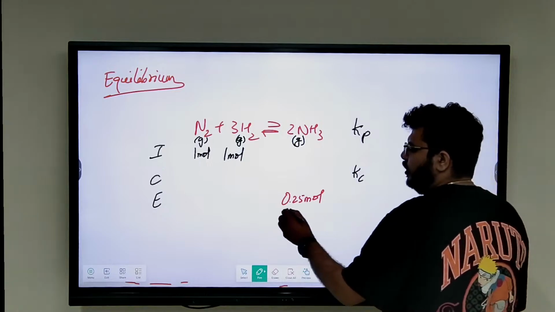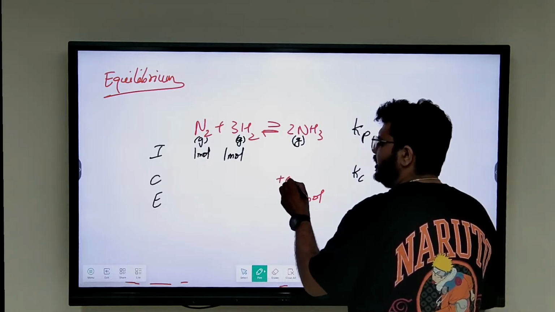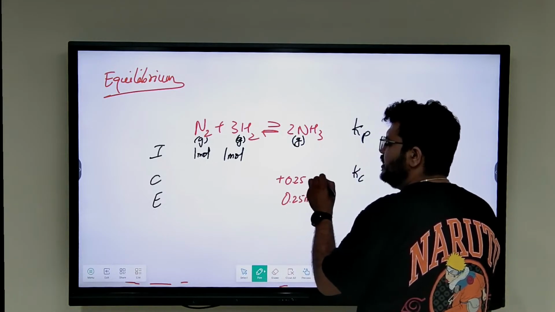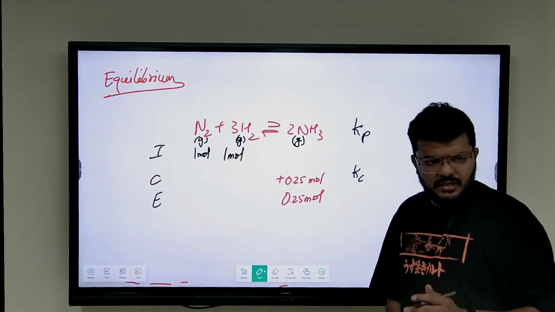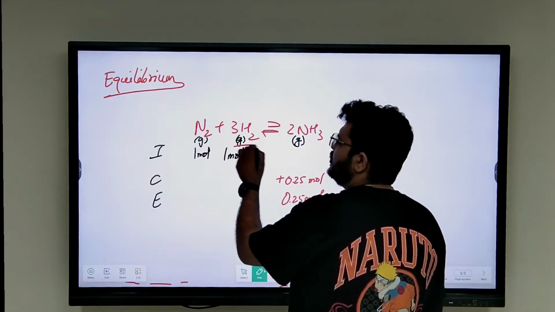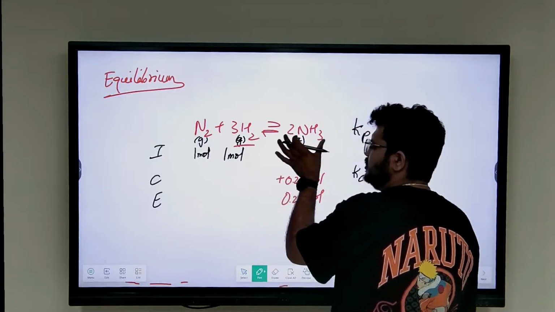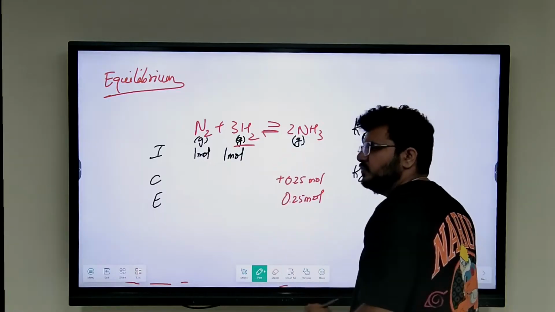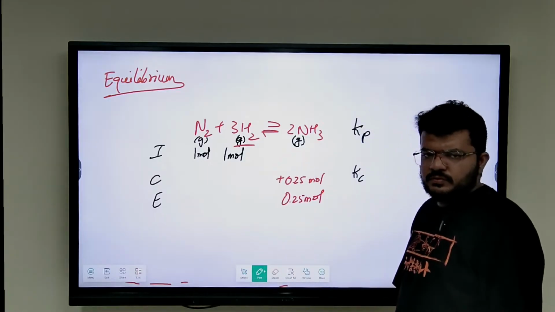So we will use initial, how much is changed and how much is present at equilibrium. For this to form 0.25, right? So can I write 0.25 added 0.25 mole, that is the change, है ना. What is happening over here, out of 1 mole, if this is 0.25 mole, how much of this will be used? 0.75.